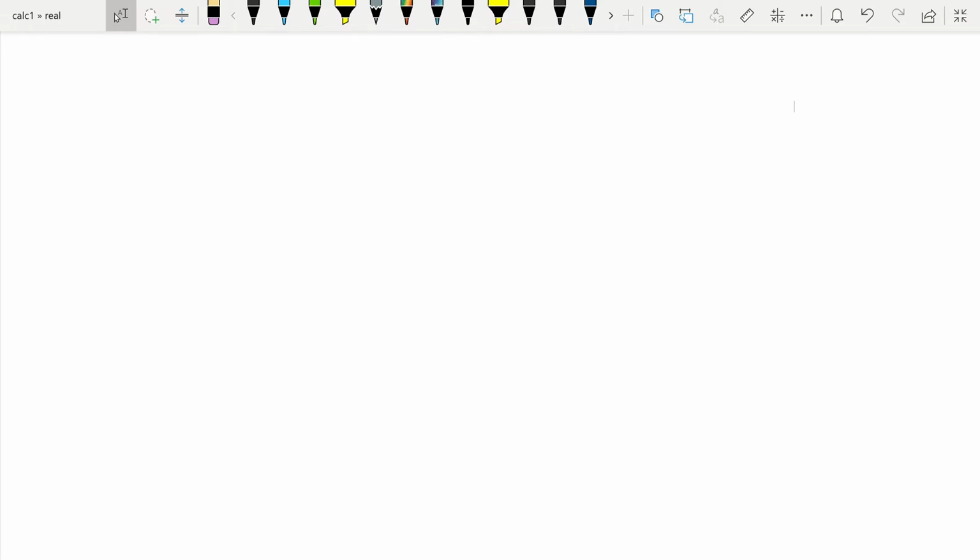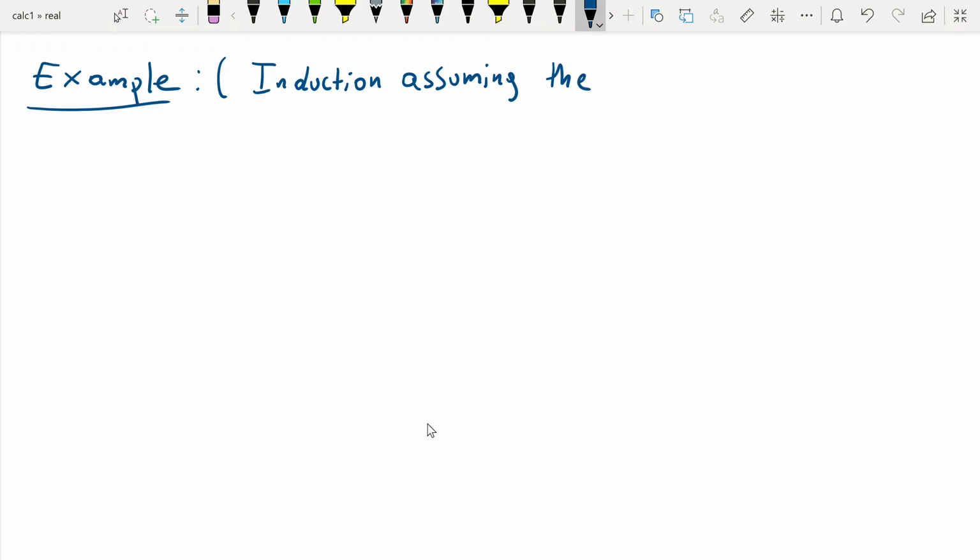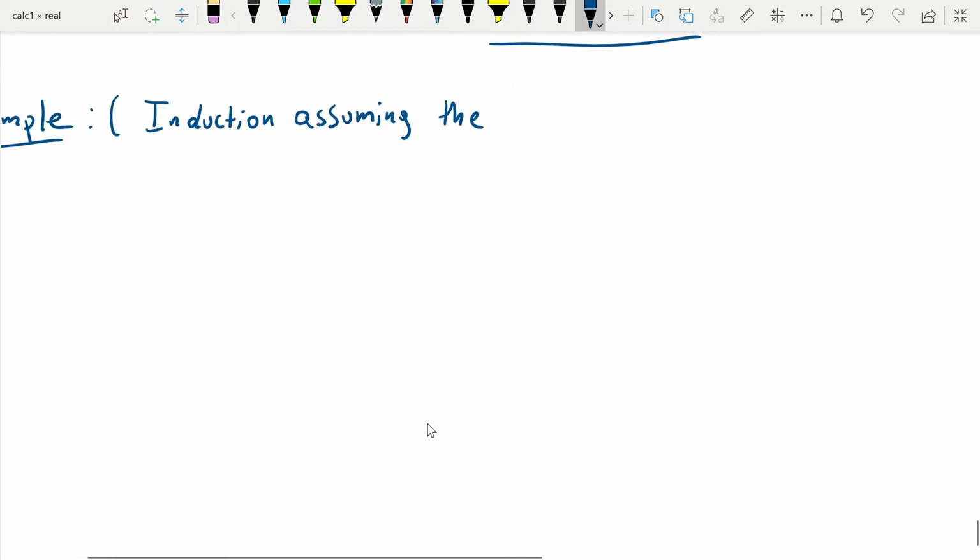Okay, so this is an example that you should set apart in your mind. So again, this is induction, and you see why I kind of left it apart.